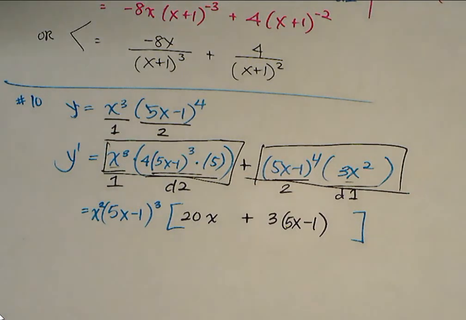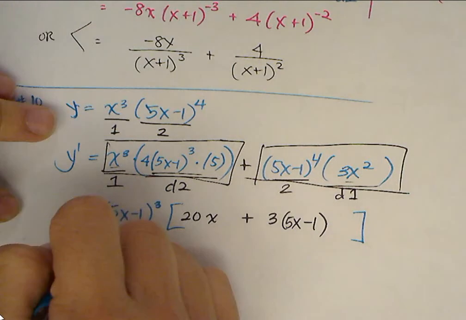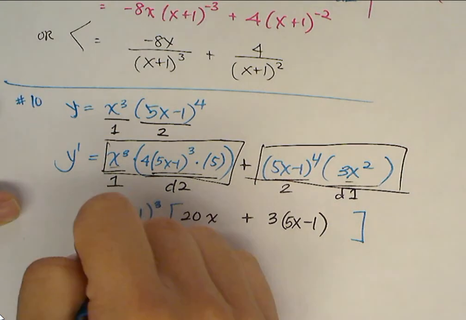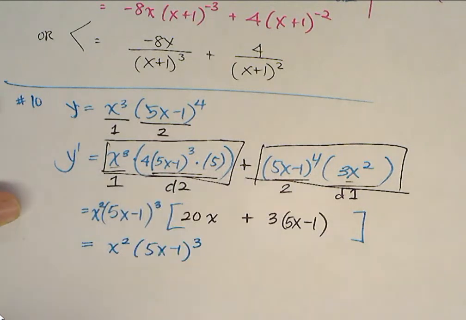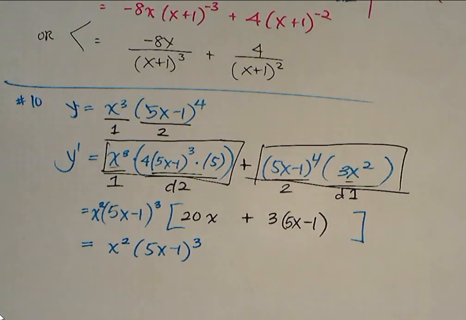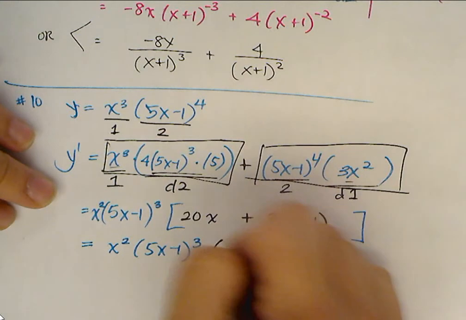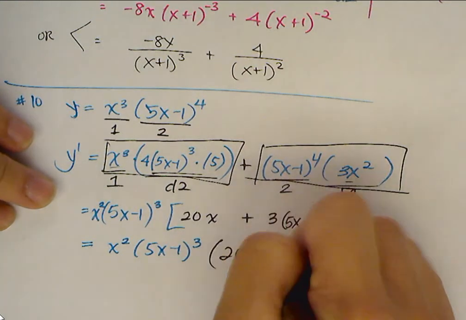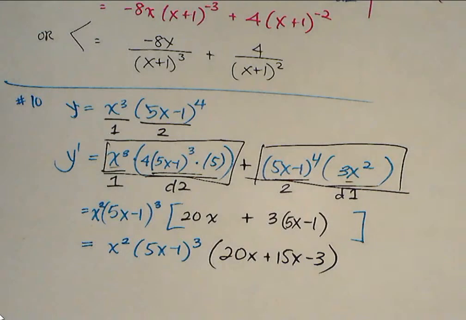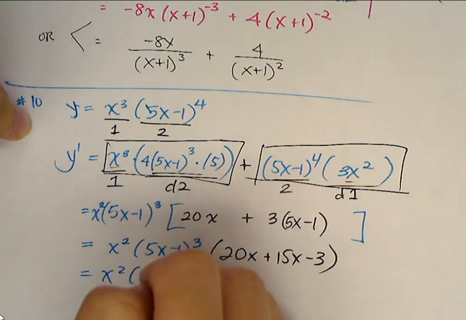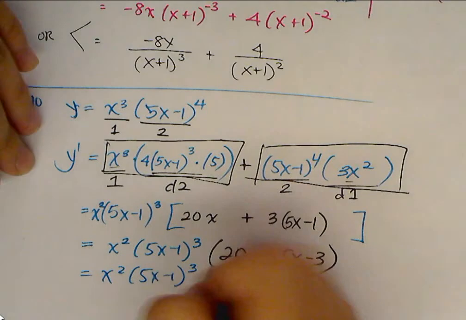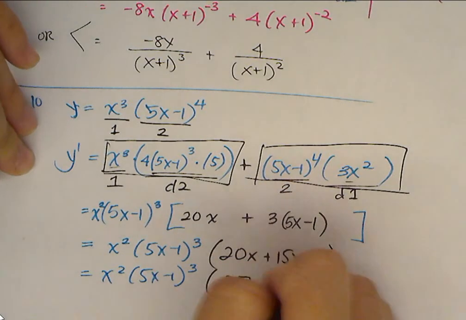This is no longer calculus, it's just reviewing our algebraic tools. And then we might want to simplify that. So it's 20x plus 15x minus 3, which is 35x minus 3.